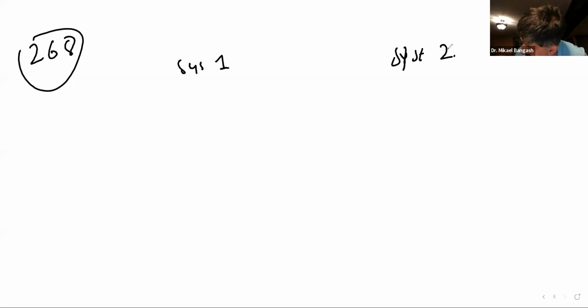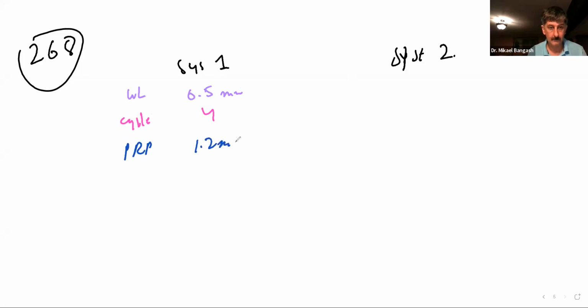System number 1 has a wavelength of 0.5 millimeters, 4 cycles per pulse, and a pulse repetition period of 1.2 milliseconds. Clear?